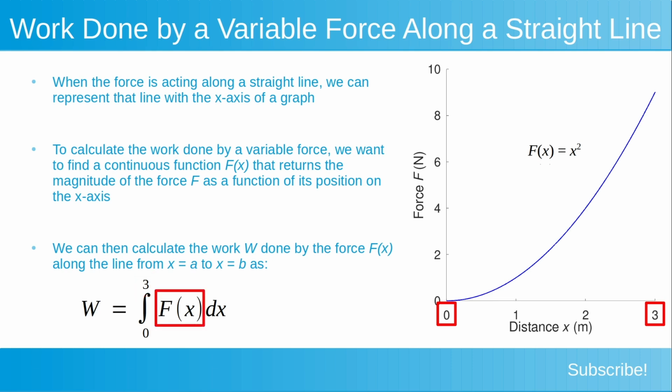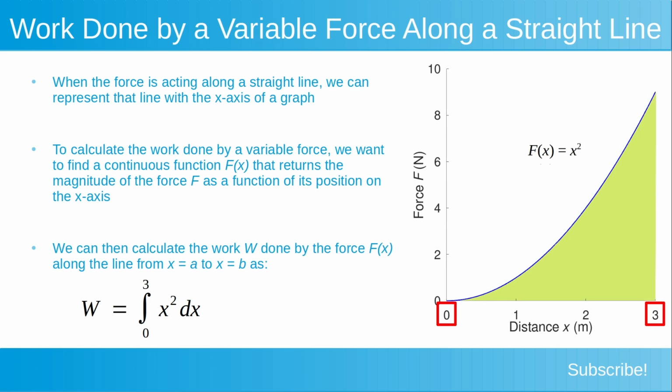We'd then set our function f of x to be equal to x squared, and then by evaluating this integral, this would give us the work done by the force on the body from x is equal to 0 to x is equal to 3. Now, that value would be equal to the area underneath our function curve from x is equal to 0 to x is equal to 3.